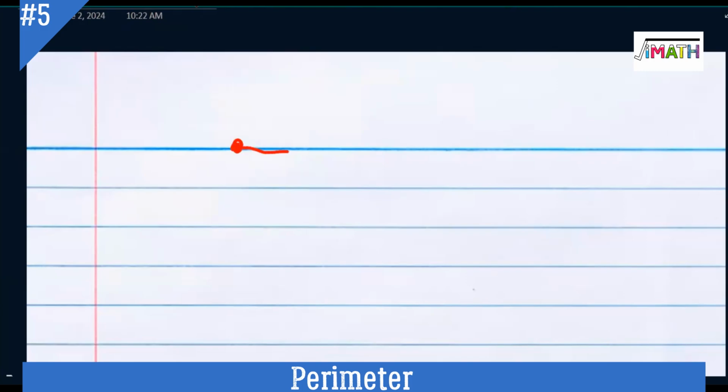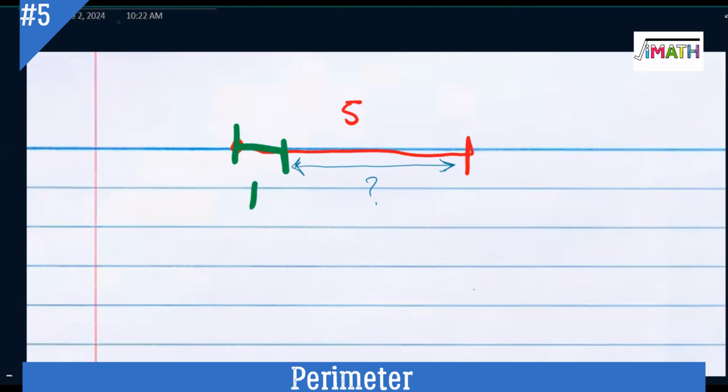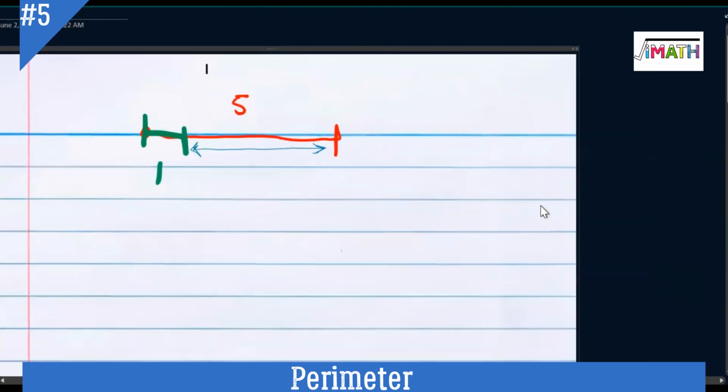If the length of this line segment is 5, the total length is 5, let's say, and the length of this portion is, let's say, 1, my question is, what's going to be the length of the other side here? Any guess? No idea? Would it also be 5?